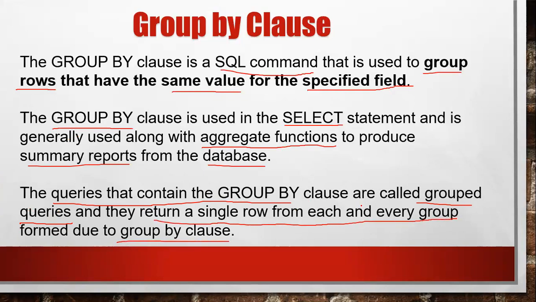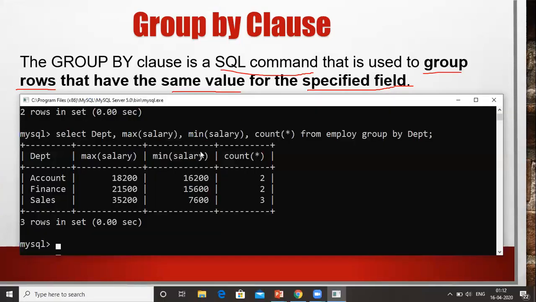Obviously, when we group by department, the groups are created on the basis of department, but from each department they have summarized the data and given us a single row as a result. From the accounts department they find the maximum salary, minimum salary and number of employees and give a single row as the result for that group.